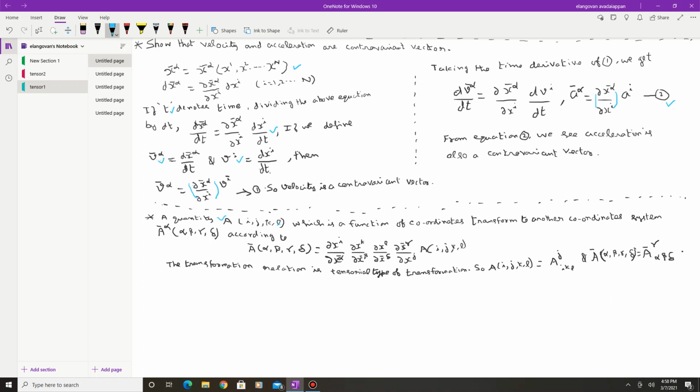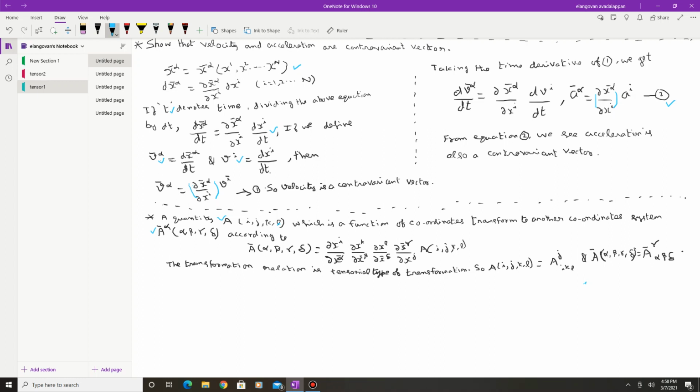This is transformed to another, barred coordinate system, A alpha bar, which is a function of alpha, beta, gamma and delta. So we have this four-dimensional system. There is one component in the unbarred system, and this is a component in the barred system.